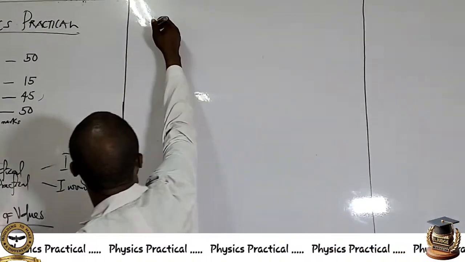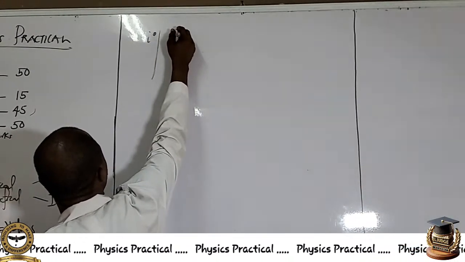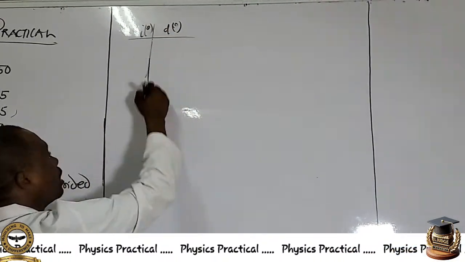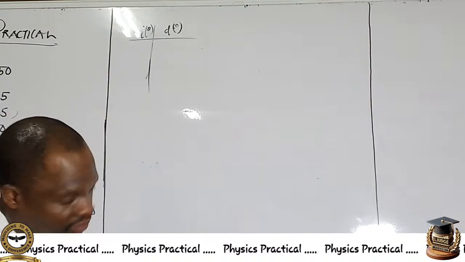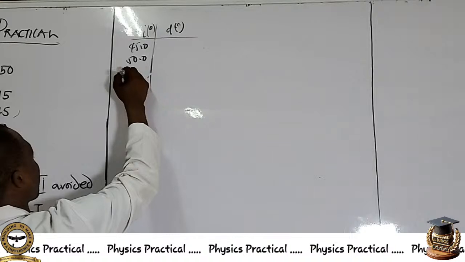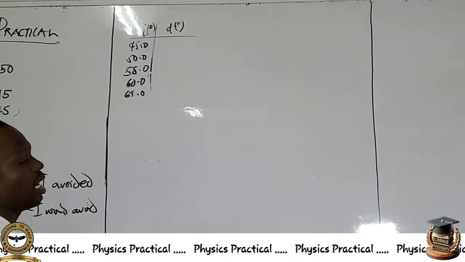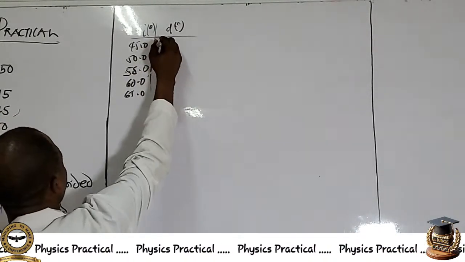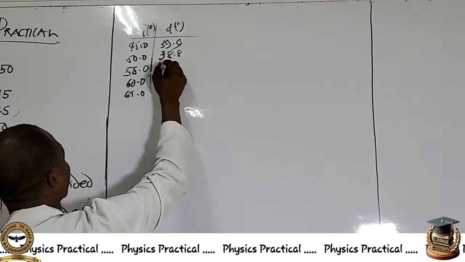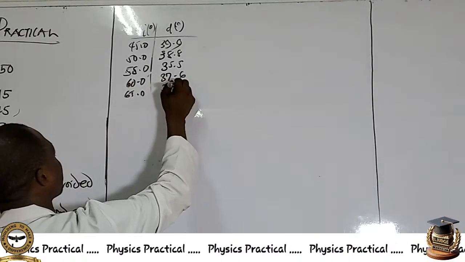If you are looking at the angle of incidence, i in degrees, then D in degrees, we have something like 45.0, 50.0, 55.0, 60.0, 65.0, and in this case you are having something like 39.9, 29.9, 38.8, 35.5, 37.6, and 38.5.